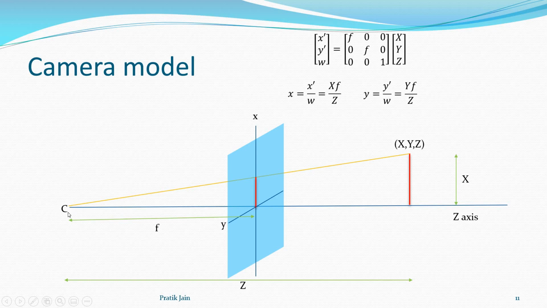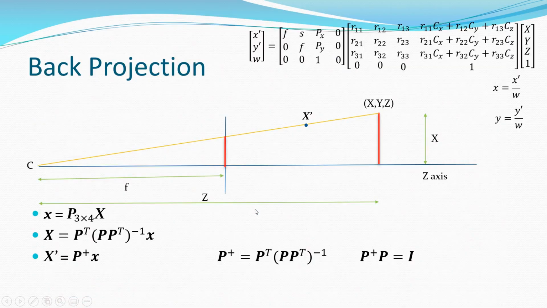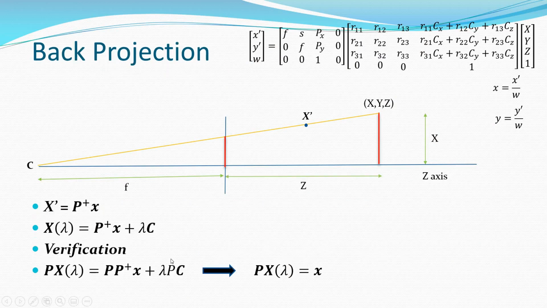Hence the projection of C onto the image is 0, and this term becomes 0. You are just left with x. So this equation tells you that if you project any point x of lambda, you get the same point x.